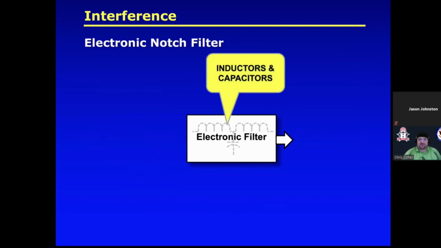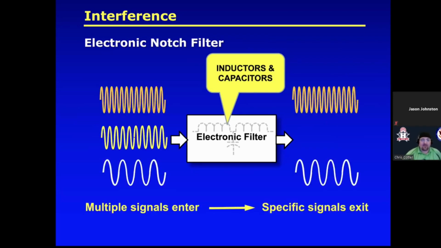A notch filter also uses inductors and capacitors. Multiple signals also will enter. What it does is exactly the opposite of a bandpass filter. You have multiple signals coming in. Let's say you're on a radio and somebody's operating very close to you.